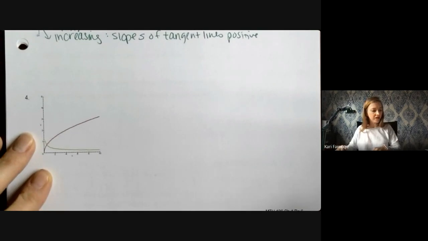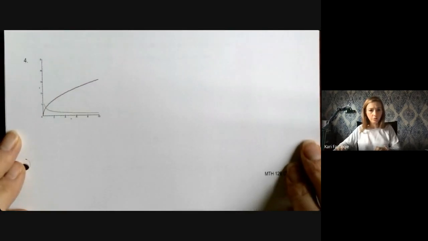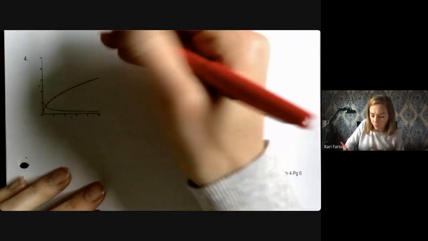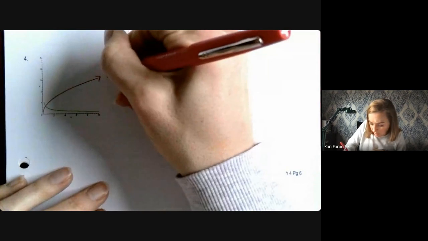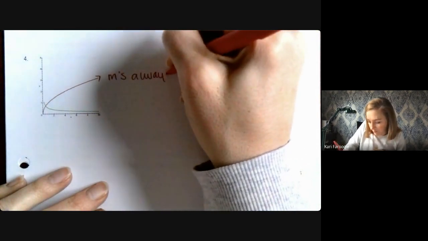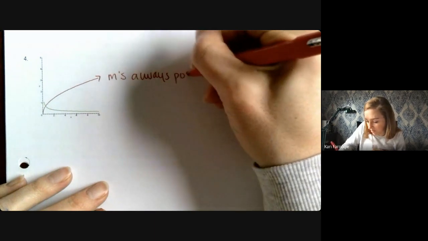You can use the same kind of thinking for number 4. If you think that the red graph is the original, you have, in this case, that the slopes of the tangent lines, the m's, are always positive.